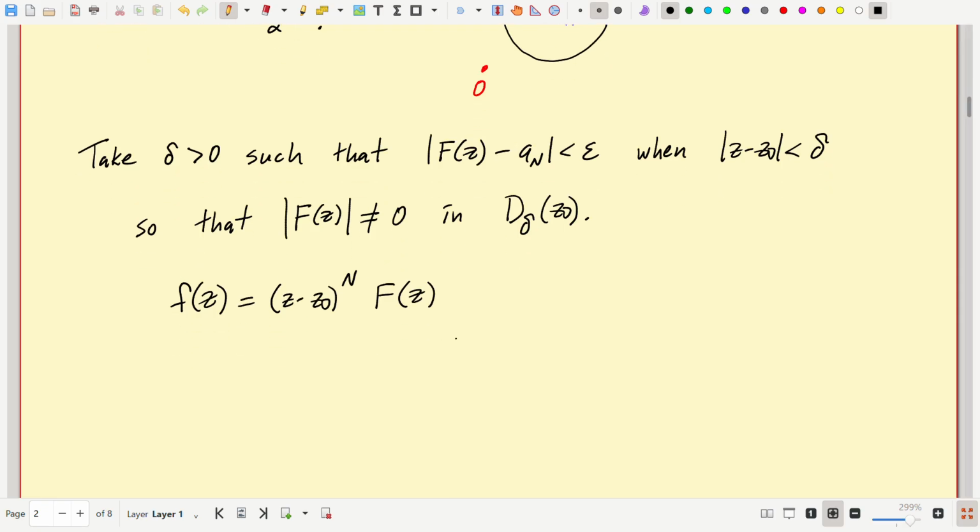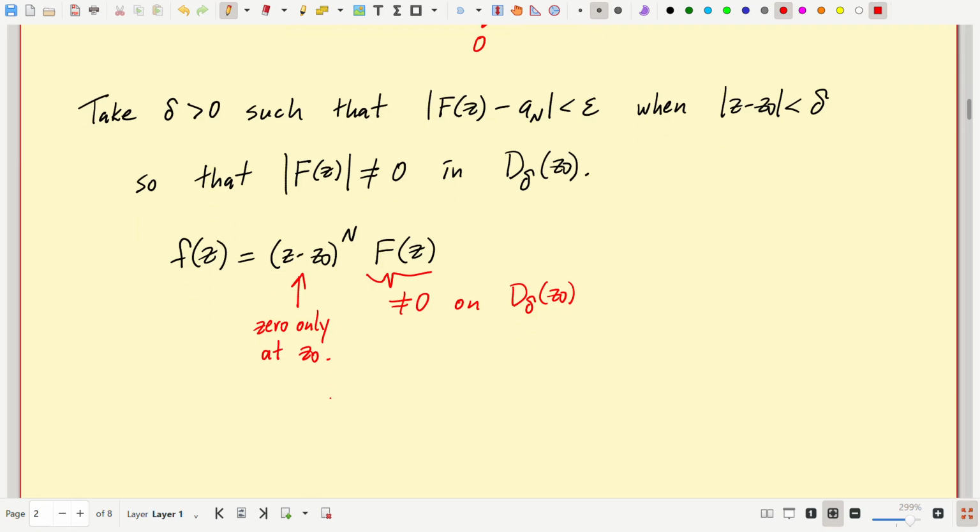So this is not 0 on the disk of radius delta about z naught, and this is only 0 at z naught. Only at z naught.